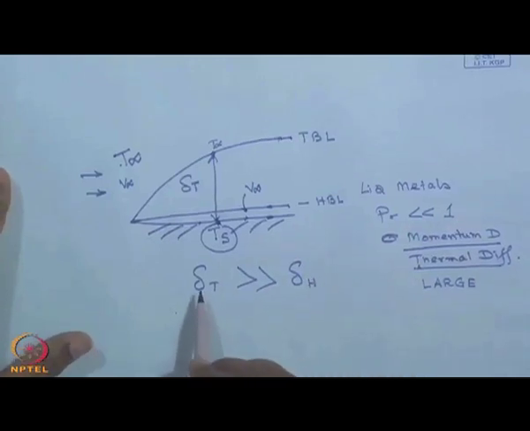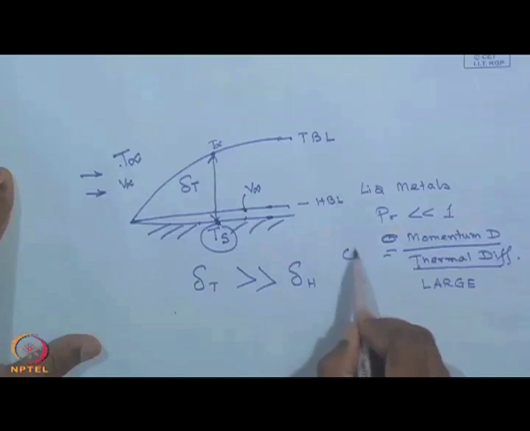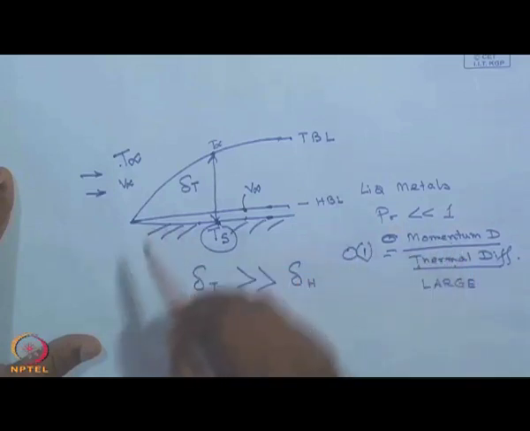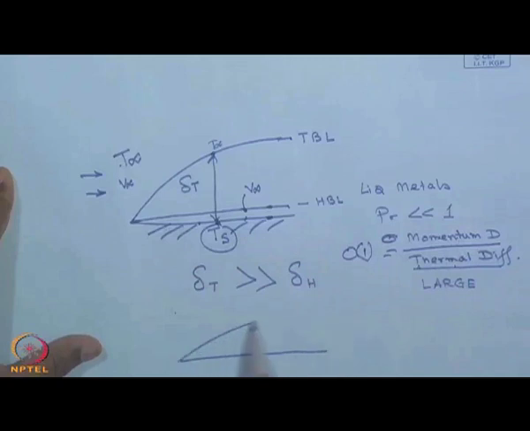So, liquid metals therefore behave in a different way, but if momentum diffusivity by thermal diffusivity is of the order of 1, then what you would see is that both the hydrodynamic boundary layer and the thermal boundary layer will probably be of the same thickness.